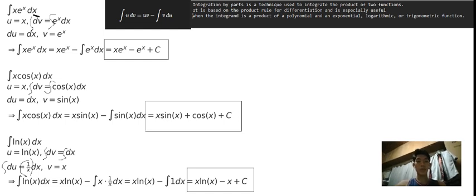And our last example would be the integral of ln x dx. First, we find its u, du, dv, and v.